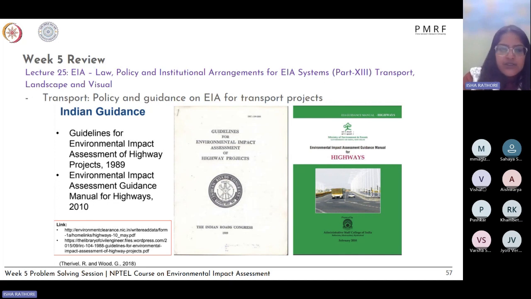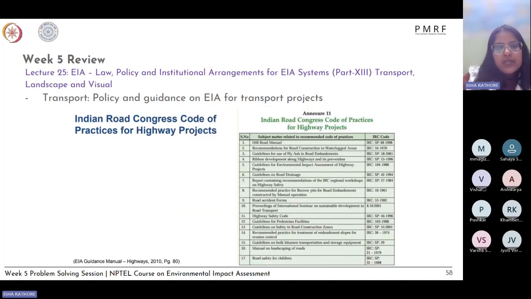We looked at this in the transport module as well. We also have the environment impact assessment guideline manuals for highways, 2010. We looked at the code of practice for highway projects. What are the manuals which are available? What are the Indian standards for safety, guidelines for pedestrian facilities, guidelines for road construction zones, and all of those things. So these are different guidelines.